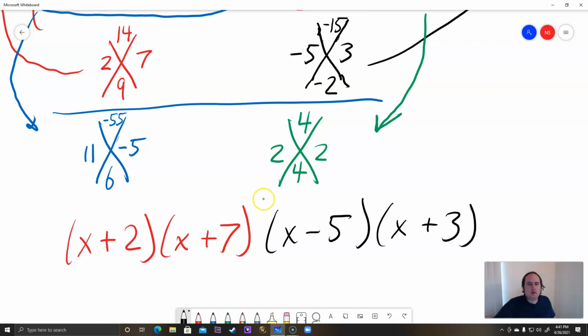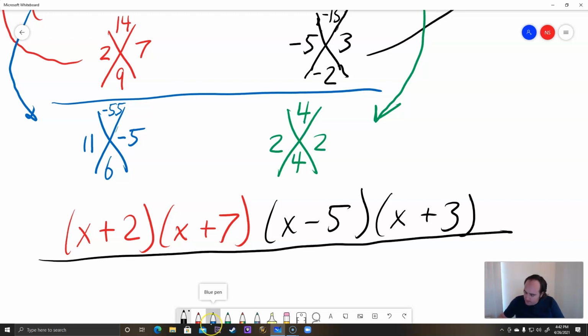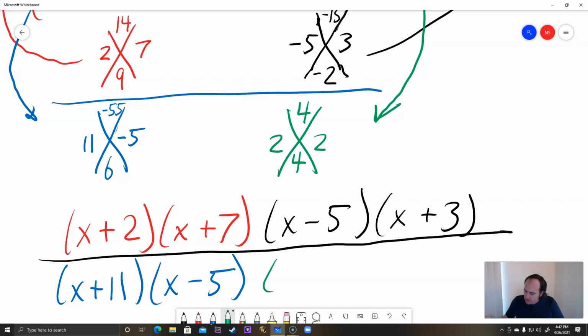For bottom left, we have x plus 11 times x minus 5. And then for bottom right, we have x plus 2 times x plus 2.